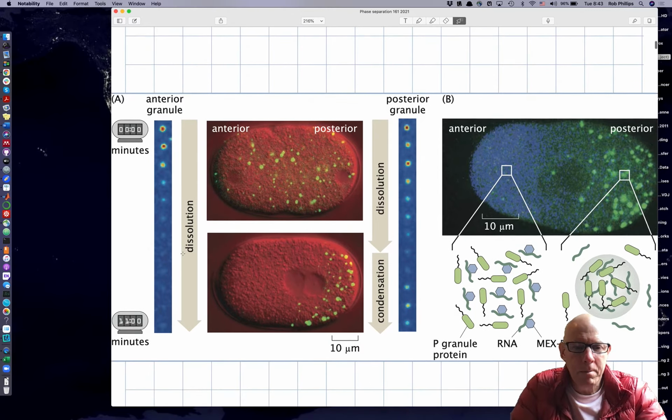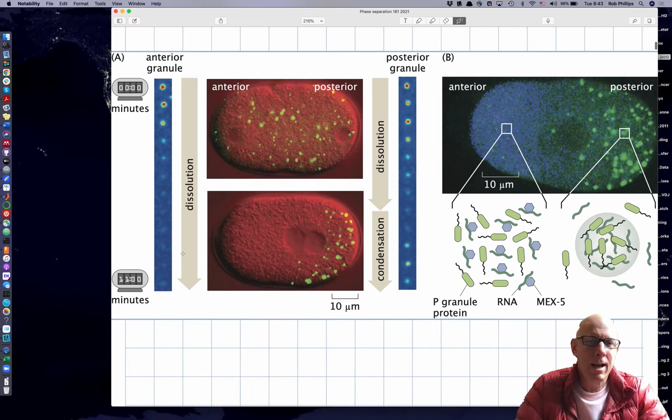And the observation really was that these P granules appeared to behave like liquid droplets. And the outcome of this, I'm not going to go into the details. I just suggest you go look at the Science paper that came out to get a sense of what was going on.